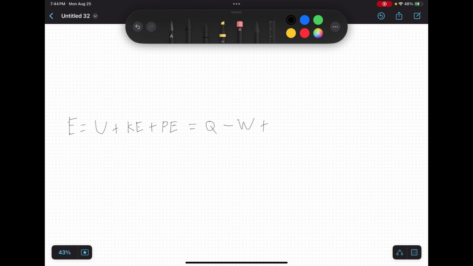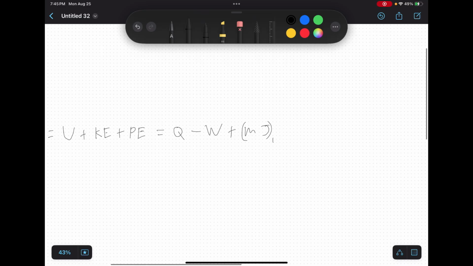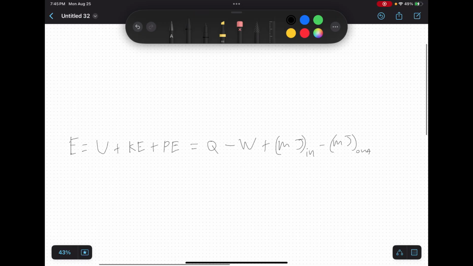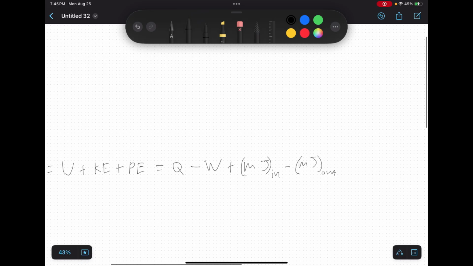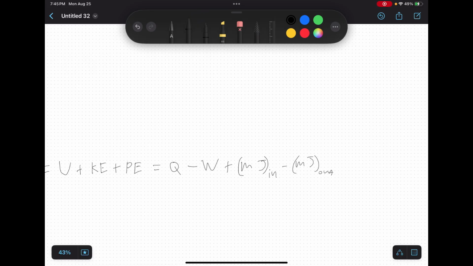Okay, plus M J in, minus M J out. Okay. Really quickly, I want to get rid of these J's because I've never used them ever.